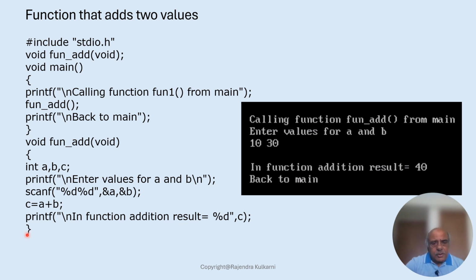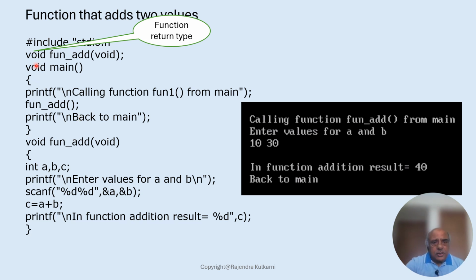Then after the closing braces of the function are reached, program control goes back to the main on the statement immediately following the function call. In this case, it is back to main, that gets printed on the screen through this printf statement, and the program ends.